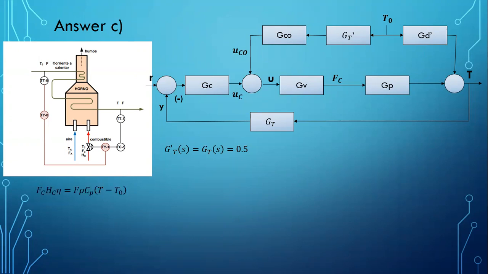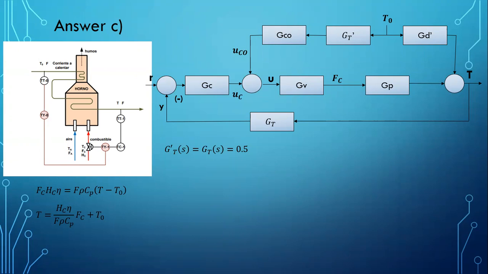First, we must see how the feed-forward correction UCO relates to that of the feedback controller UC. To analyze if it is combined as a sum or as a product, we look at the equations that relate the control variable to the two process input variables, manipulation and disturbance, under steady state conditions.